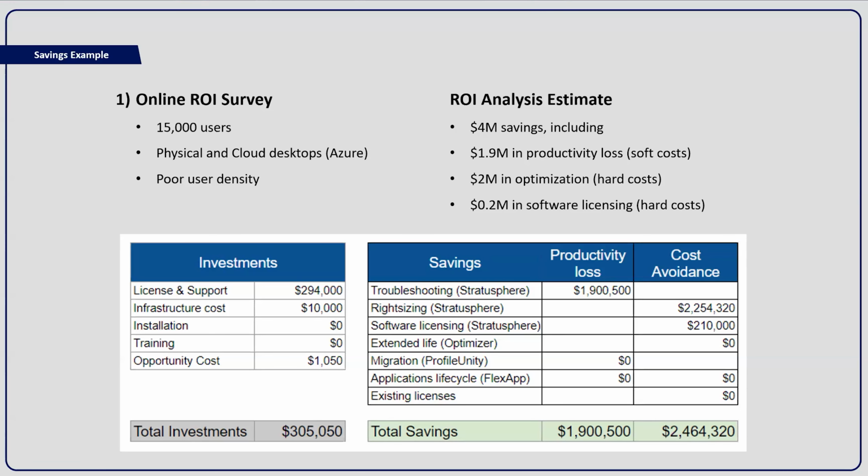A customer engaged us with that, and the numbers were fairly big for 15,000 users. One of the areas where we thought we could optimize the environment was right-sizing their AVD environment. Based on very basic questions, we were forecasting about $2 million in cost avoidance around right-sizing.